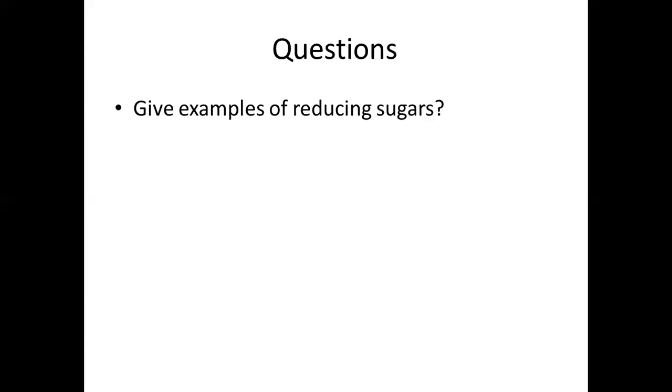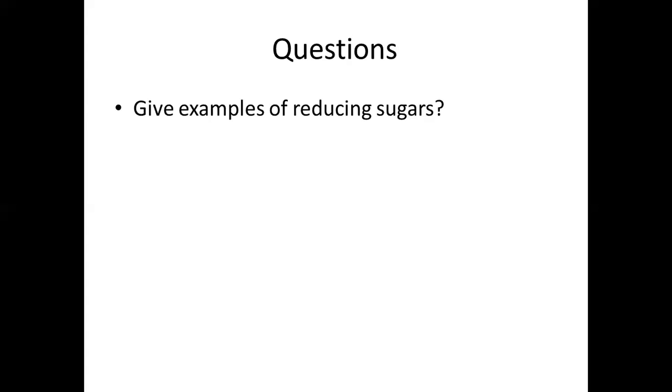I made a statement that all monosaccharides are actually reducing sugars. So it means the examples that we've given, for example, glucose, galactose, fructose, these are reducing sugars. I also mentioned that most of the common disaccharides are also reducing sugars, except sucrose.